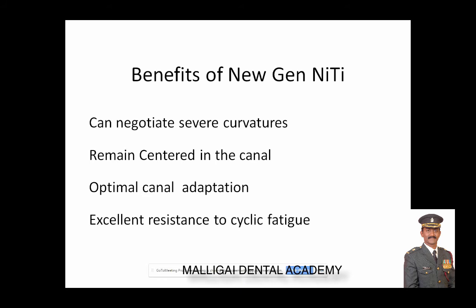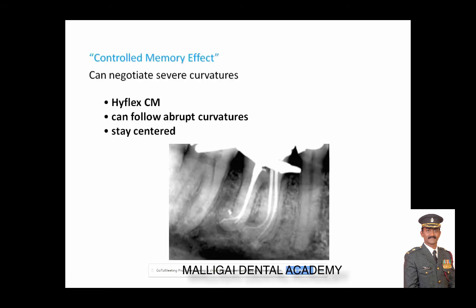So one of the files that I follow and use in my practice is the HiFlex CM, controlled memory. CM stands for controlled memory. These files are by Coltene, and these files are the second generation nickel titanium files where the shape memory has been controlled, because of which severe curvatures can also be very readily prepared by your rotary file.